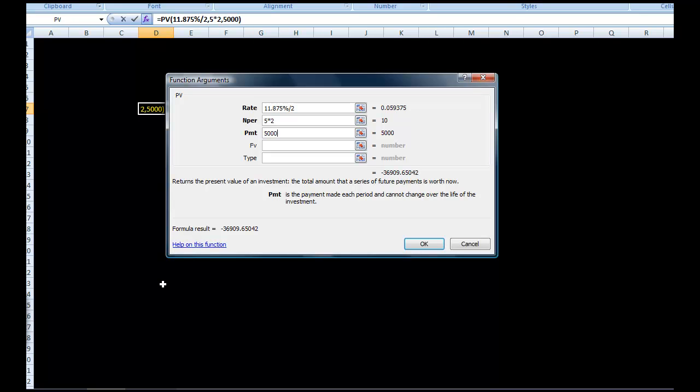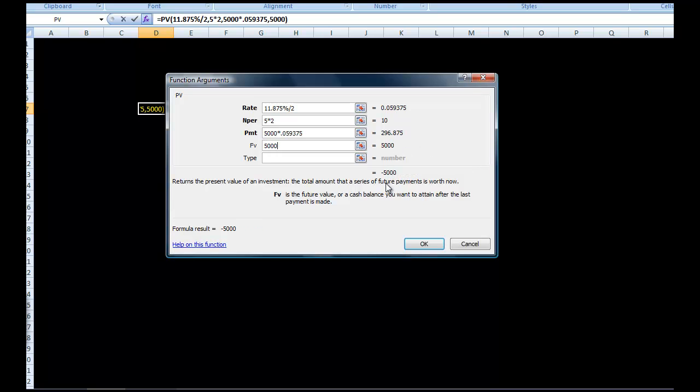If we take that times the interest rate of 0.059375, that gives us what the interest payments are each time, which is $296.88 if we round up. The future value is what we're going to get back at the end of the term, on May 1st, 2013. So that's going to be the $5,000.